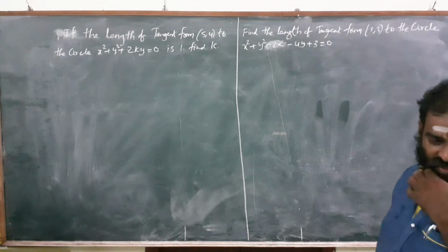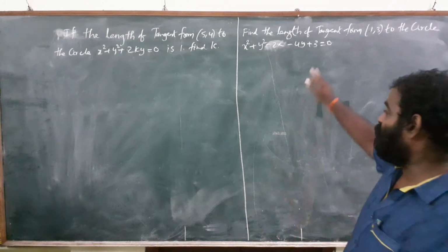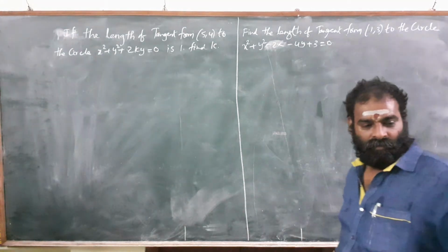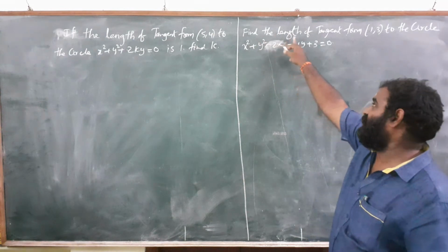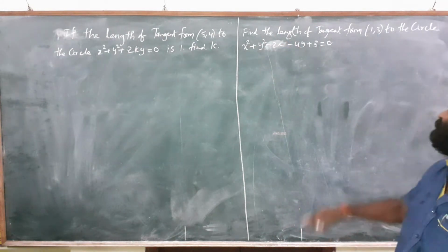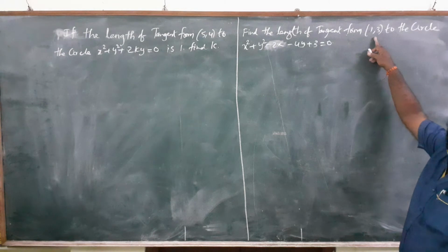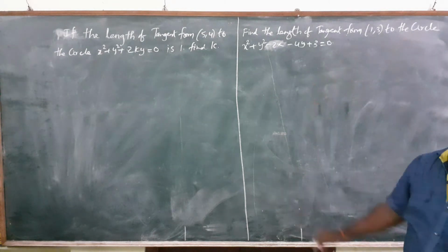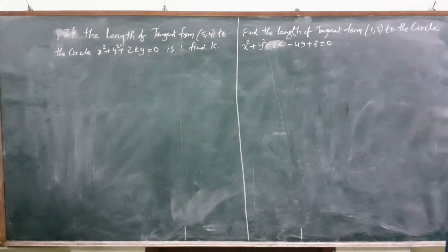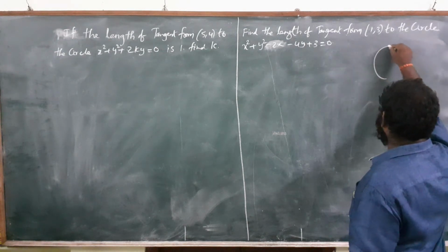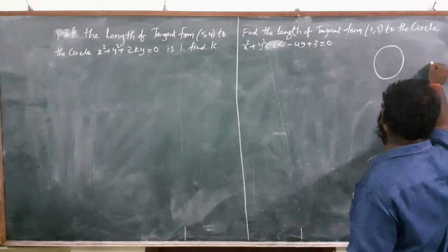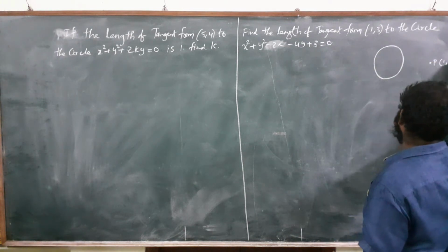So here you have to observe. First of all, we take this sum first. Read the sum properly. Find the length of the tangent from (1, 3) to the circle x square plus y square minus 2x minus 4y plus 3 equal to 0. Suppose this is the circle and here there is a point P(1, 3).